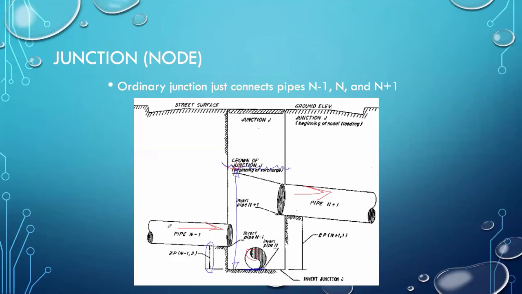Because of the way this pipe is sloped, this end of the pipe is the outlet end, so it would be called an outlet offset. On pipe n plus 1, this end of the pipe is an inlet, so that's an inlet offset, and it has this value right here. And then pipe n is not offset. So if the offset value is 0, it's just as drawn here. So the pipe bottom and the junction bottom are in the same place.